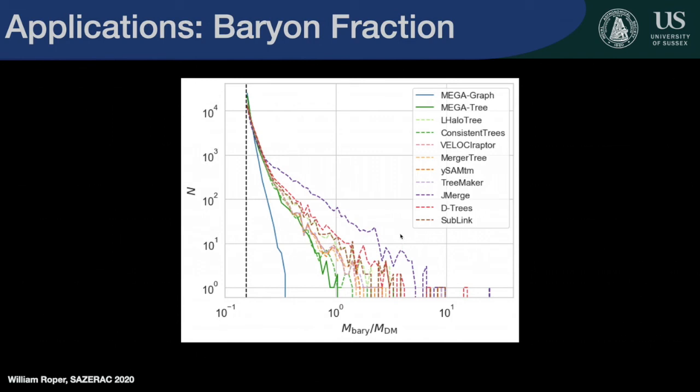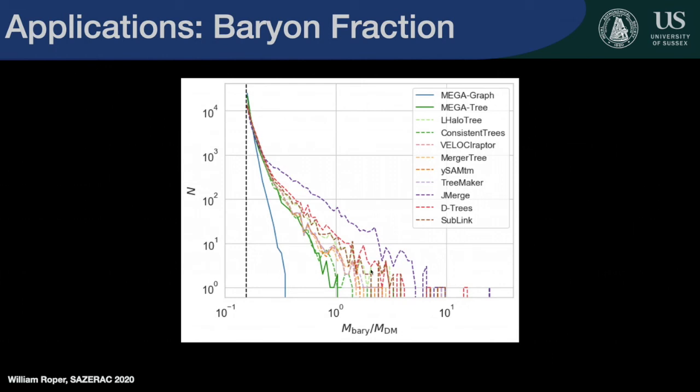What should immediately strike you about this plot is that all of the trees, including Mega, produce halos at the present day that have baryon masses that are greater than their dark matter mass, which is nonsense.